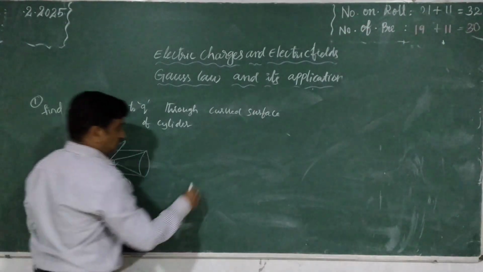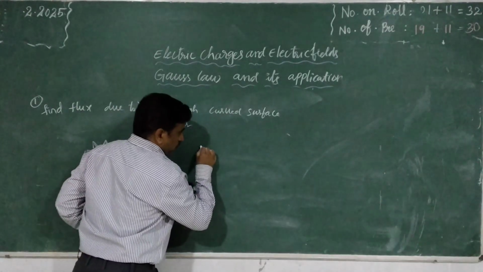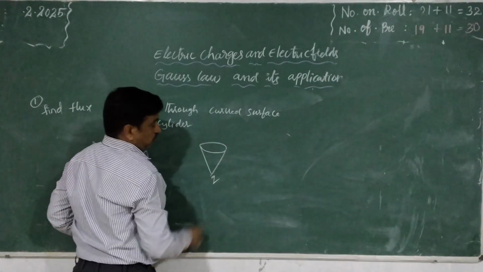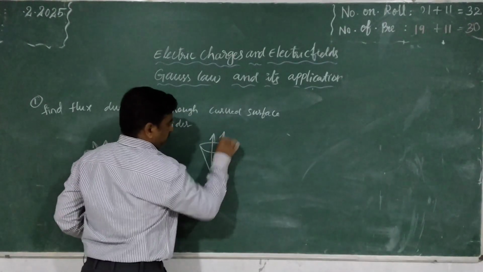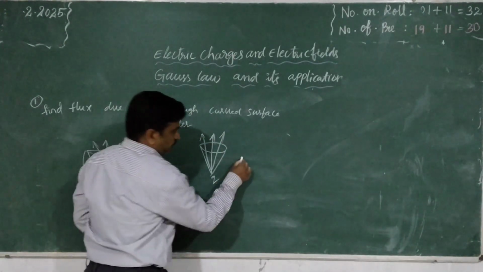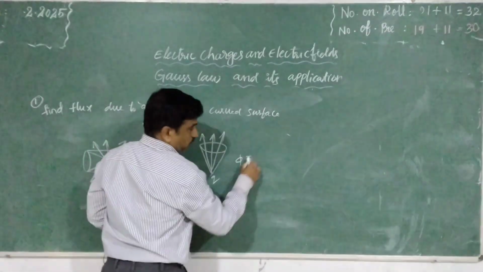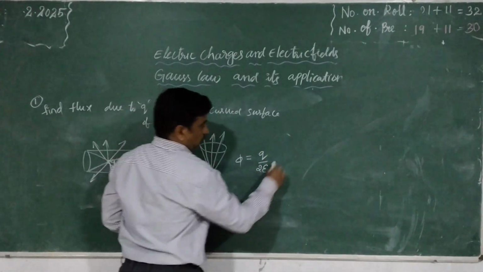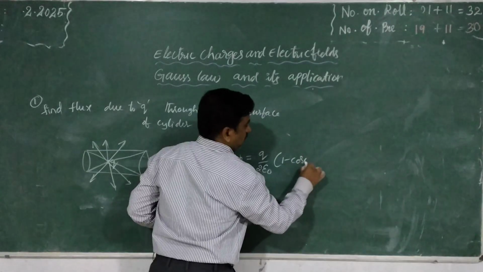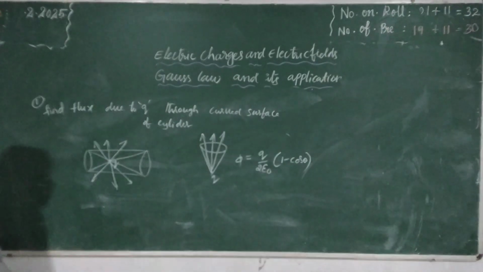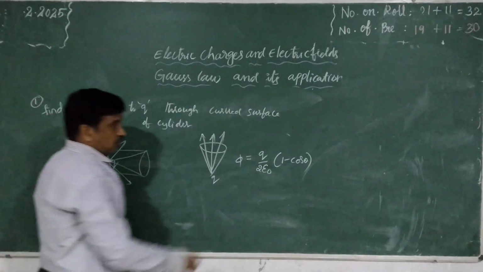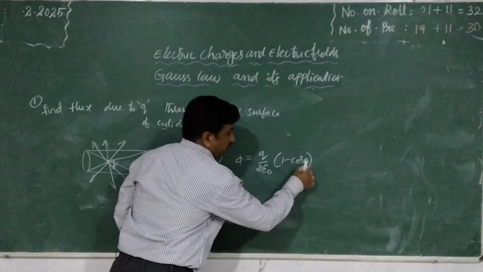First, the flux through a cone. For this we have a formula. The flux through a cone is phi equal to Q by 2 epsilon naught into 1 minus cos theta. Here two cones are there. So the flux through two cones is 2 times Q by 2 epsilon naught into 1 minus cos theta.